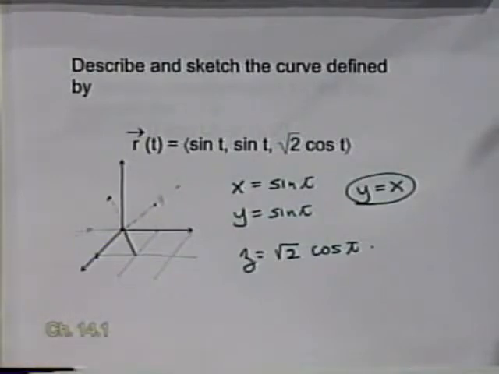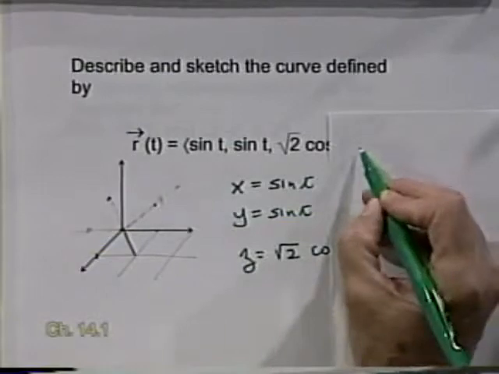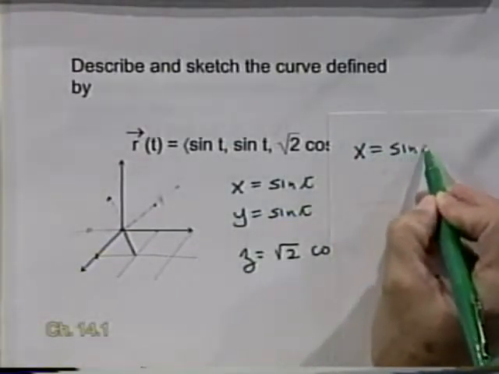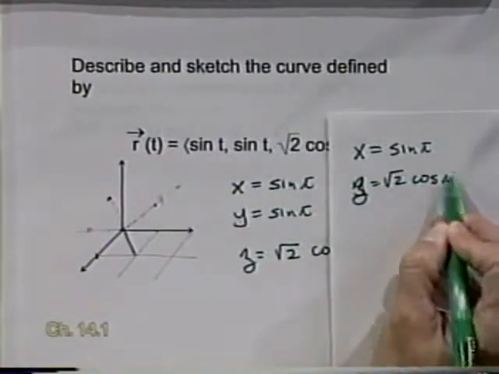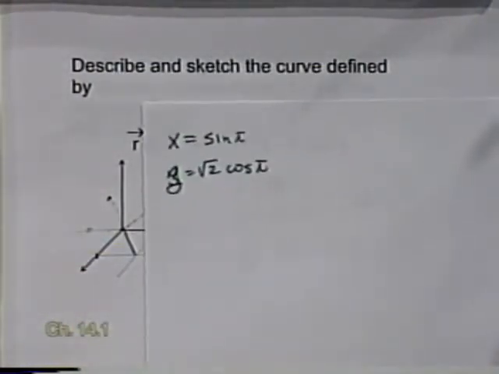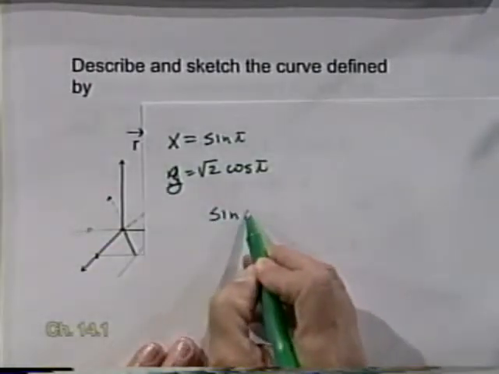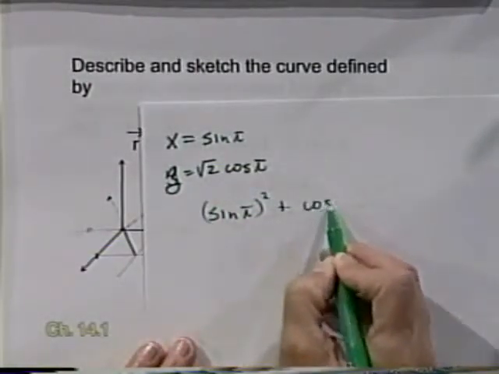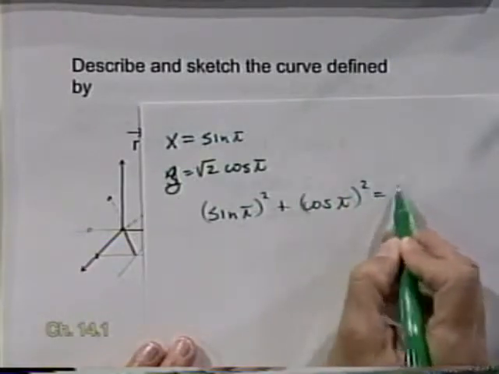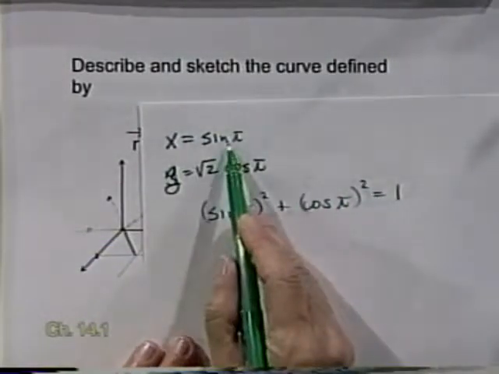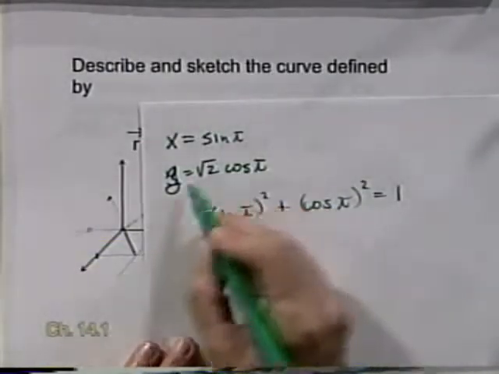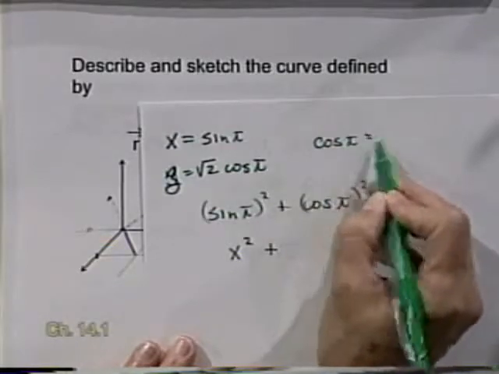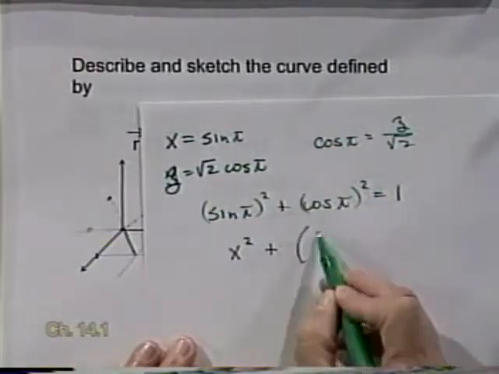All right, now lastly, I'm thinking, gee, what's the z doing? Well, notice, since x equals sine t and z equals square root of 2 cosine t, and since I know sine squared plus cosine squared equals 1, I can replace sine t with x, and since square root of 2 cosine t is z, I can replace cosine t with z over root 2.